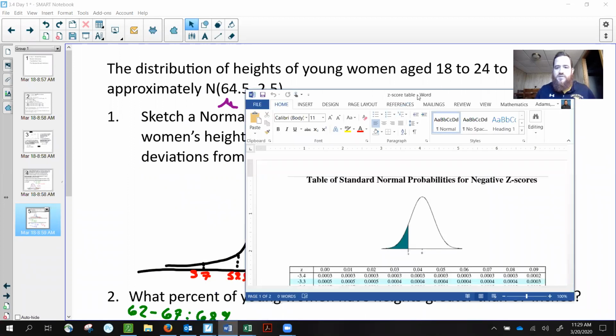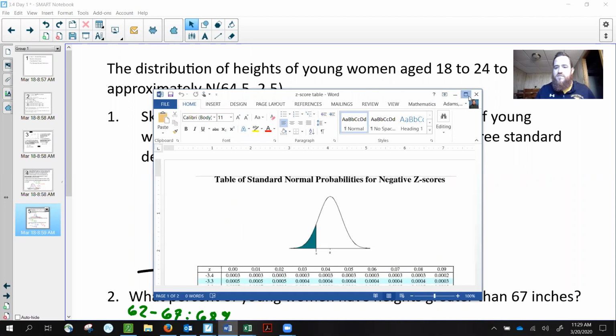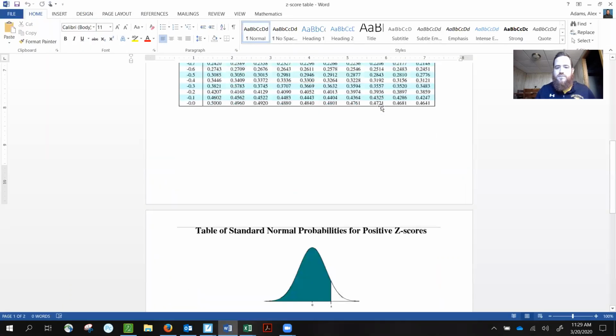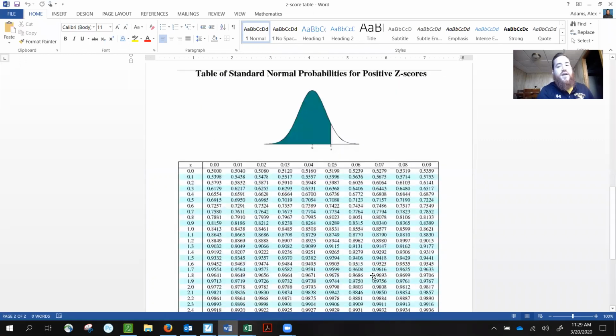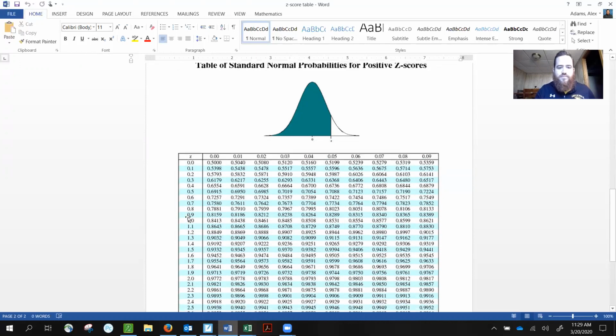But here's a table of standard normal probabilities for negative and positive z-scores. So again, that z-score is basically how many standard deviations away from the mean are we. So if we have a z-score of 1, we're 1 standard deviation away from the mean. So then what's the probability that something is less than 1 standard deviation away from the mean?